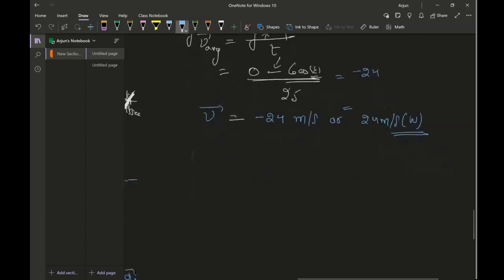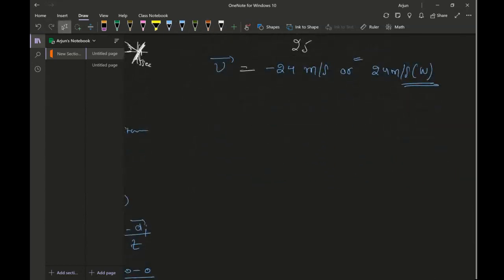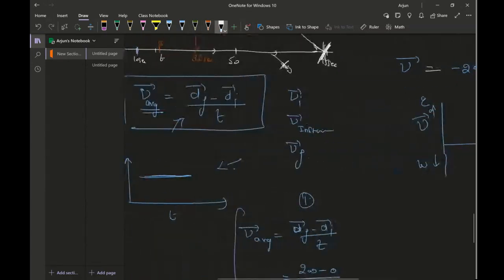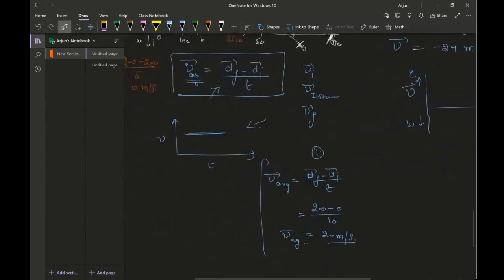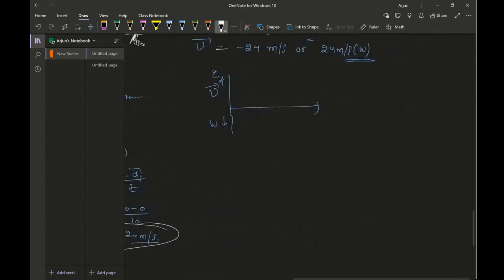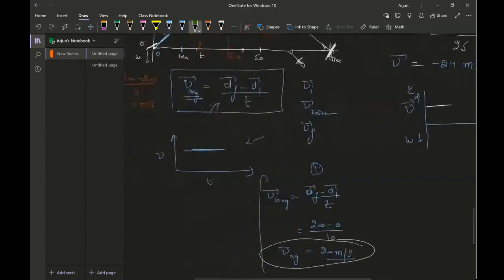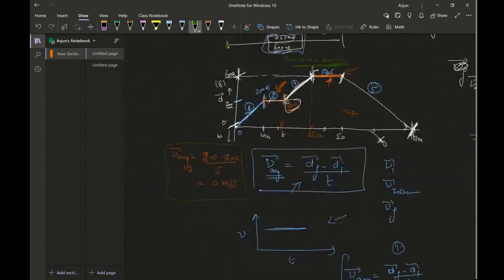So we figured out all the velocities, and now we want to draw them on the velocity-time graph. So how am I going to draw it? This is velocity, again this is east, this one will be west. For section 1, where we started, it was 20 meters per second, so it will be drawn like this. And section 2, what is his velocity? For section 2 we've done it here, 0 meters per second.